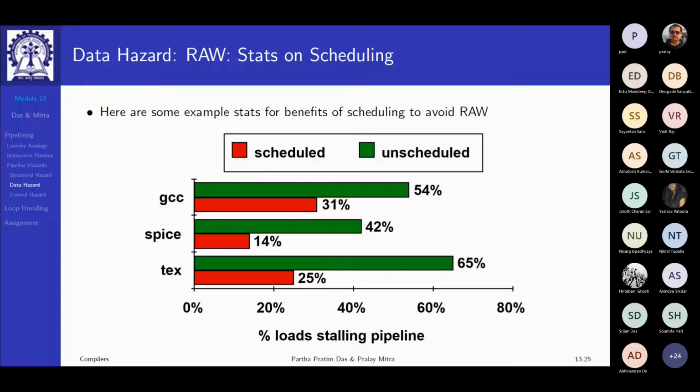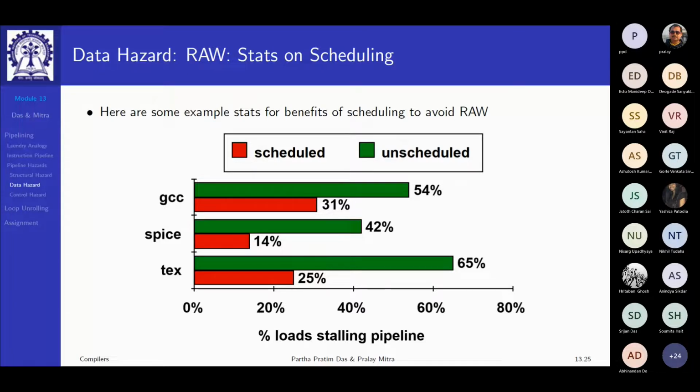If you do not use scheduling, then the percentage of loads that stall the pipe is 54%, but with scheduling it gets reduced to 31%. For TeX, this is a drastic improvement from 65% to 25%.